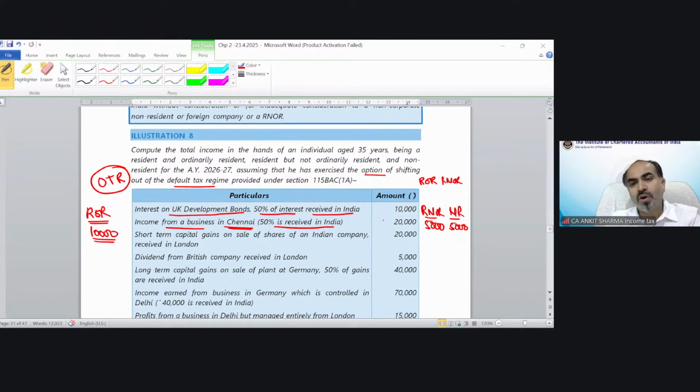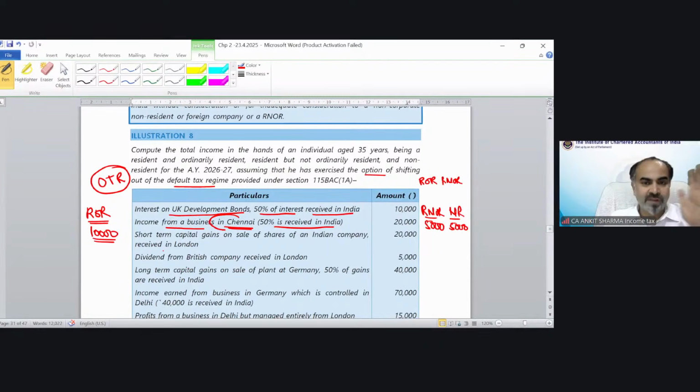Short-term capital gain on sale of shares of an Indian company received in London. How does it matter where it is received? Because the shares are of an Indian company, whatever interest, dividend, etc. is there, that is deemed to arise in India, again taxable for all.